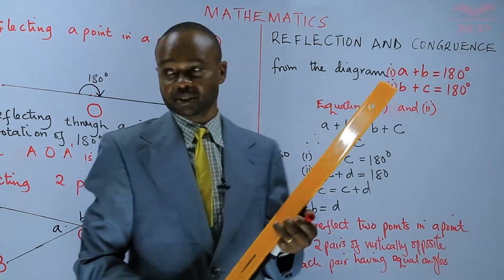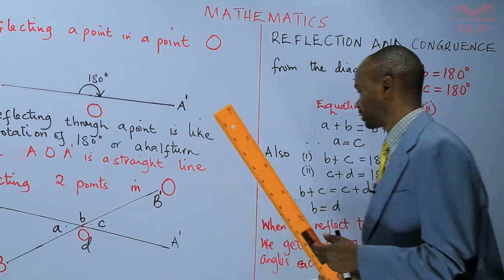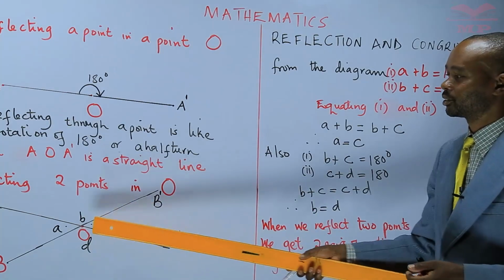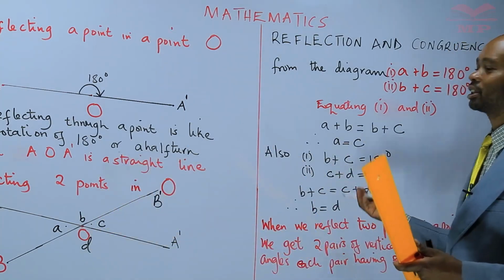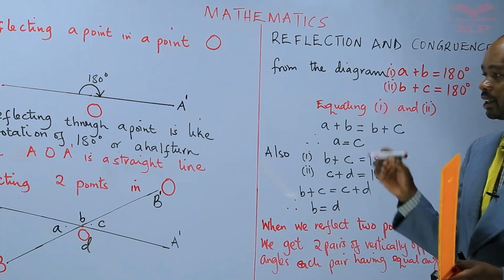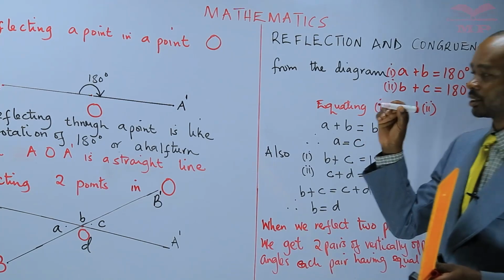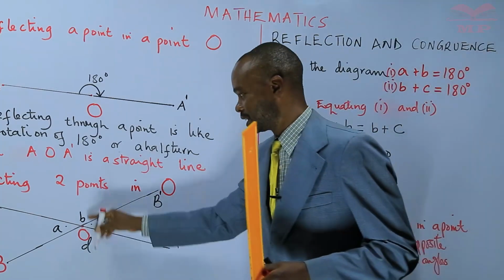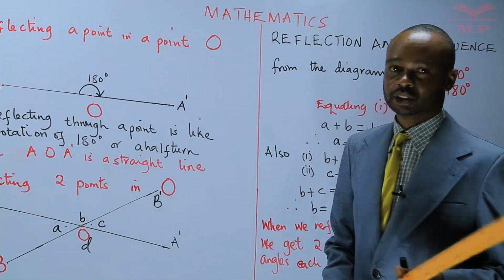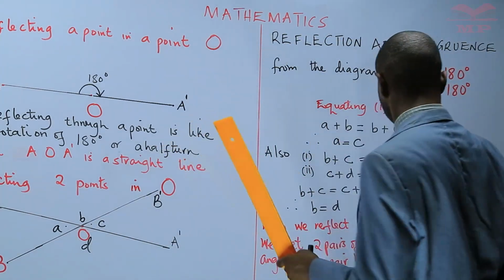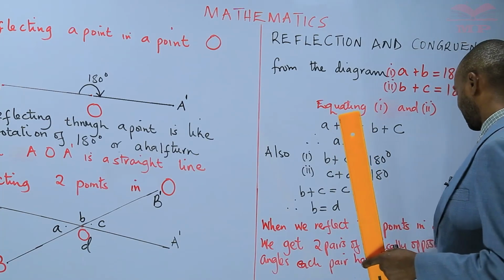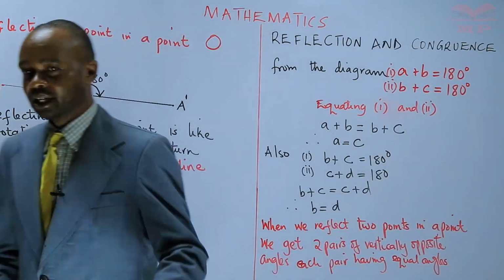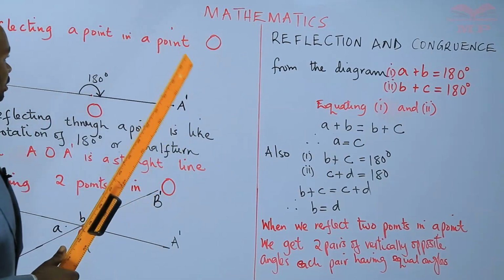That has already been proven. Reflecting 2 points in a point, we get a geometric deduction. We get 2 pairs of vertically opposite angles. B and D are vertically opposite angles, and each pair has equal angles.